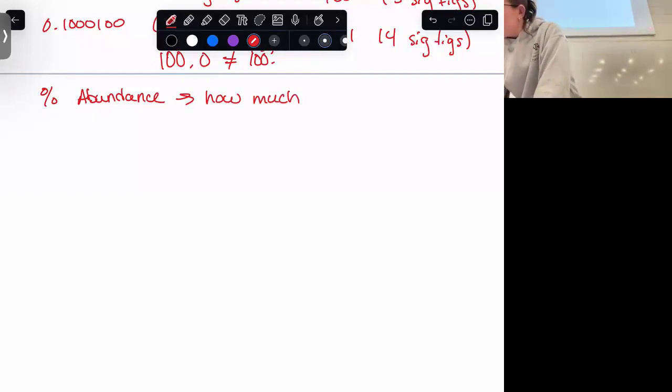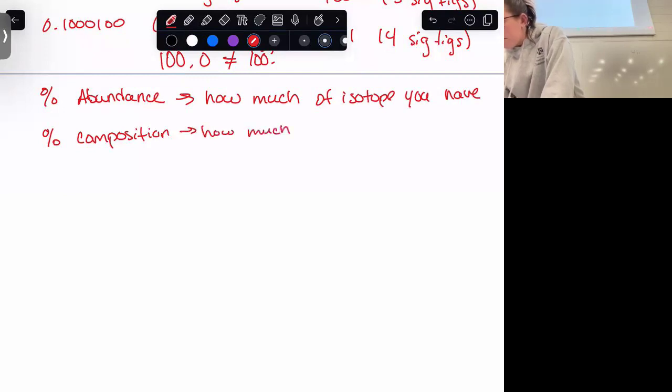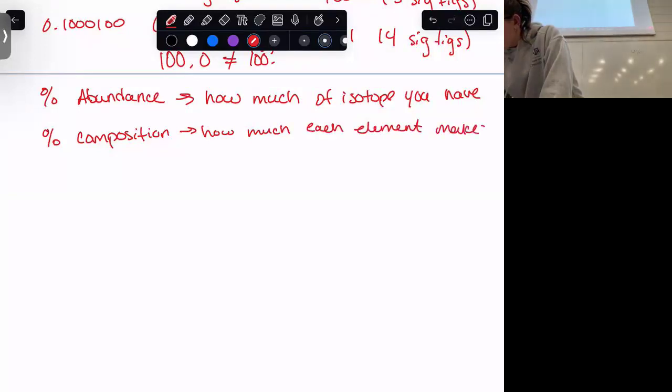So percent abundance is going to be how much of each isotope you have. Not to be confused with percent composition, which is how much each element makes up the compound.